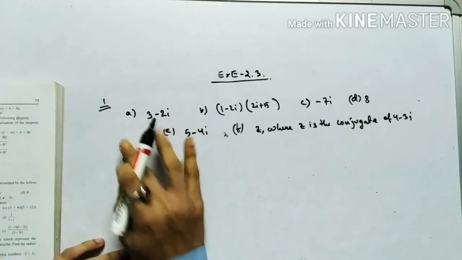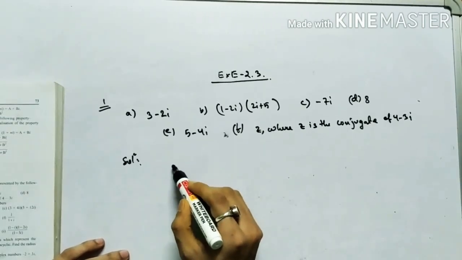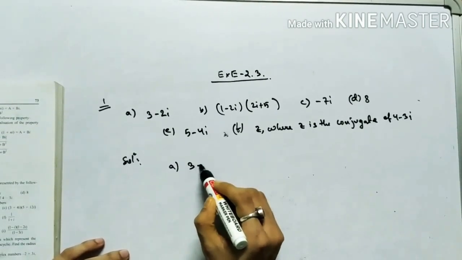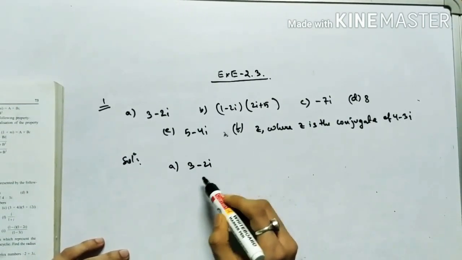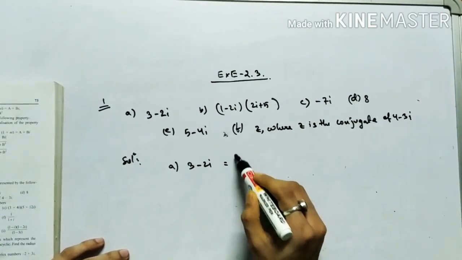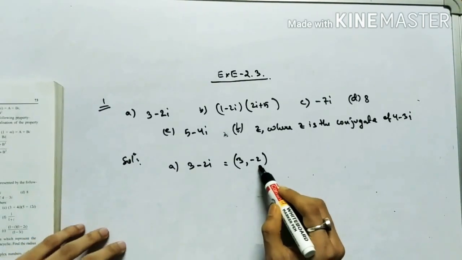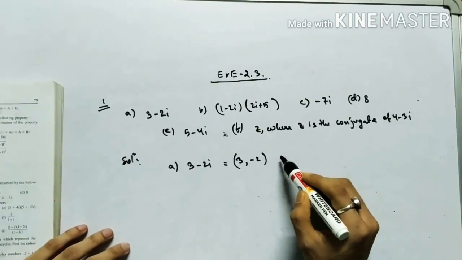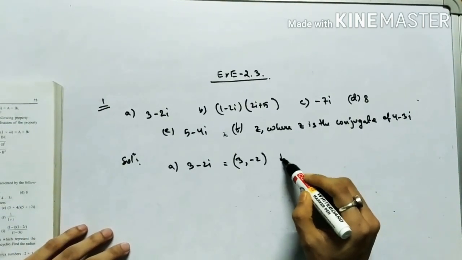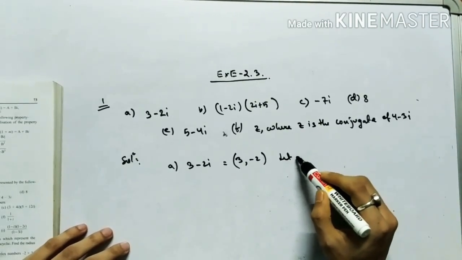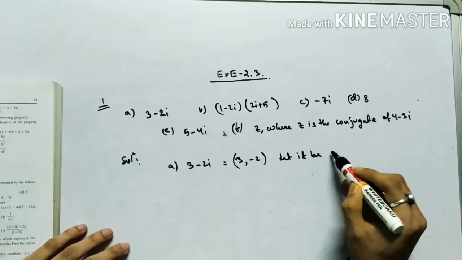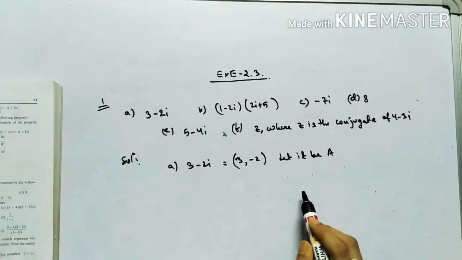So in here, solution. First, number A, 3 minus 2i. If I write it as an ordered pair, it becomes 3 comma minus 2. Let this point be denoted by A.